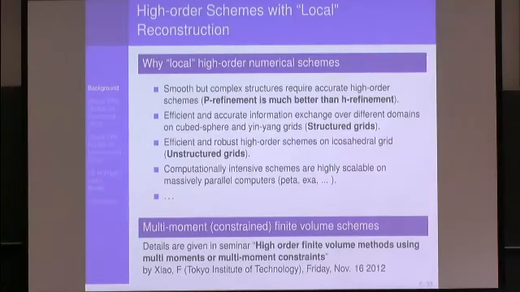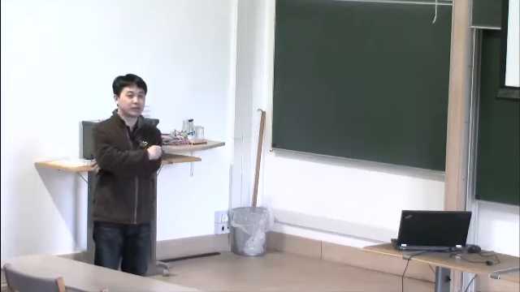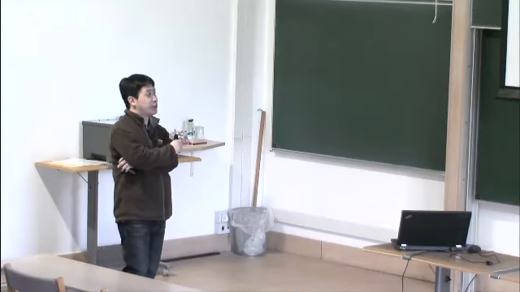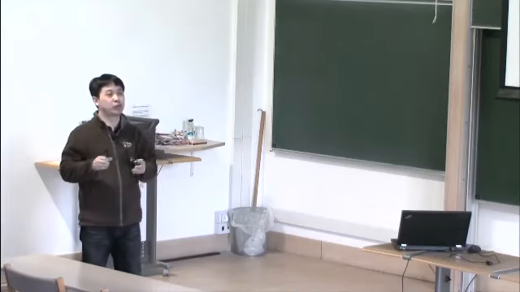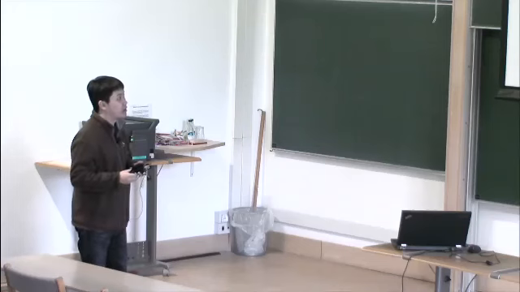Here is a list of reasons why we use such schemes, but this list must be incomplete. First, the flows in atmospheric simulations are usually very smooth, but with very complicated structures. So it's very different from high-speed aerodynamics, where the research focuses on shocks and discontinuities.